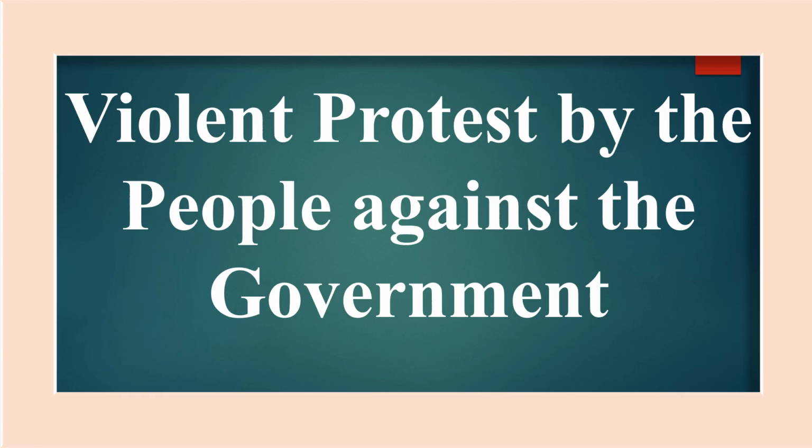The violent protest of unorganized mobs causes large-scale damage because they attack the symbols of government authority, such as government offices, railways, and buses. They try to disrupt the normal functioning of the government.